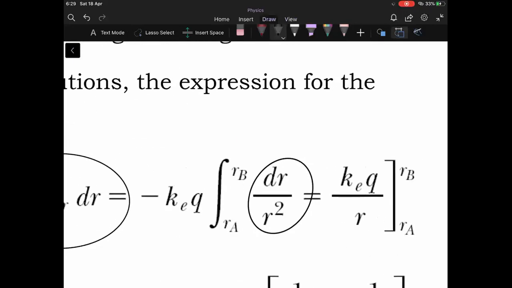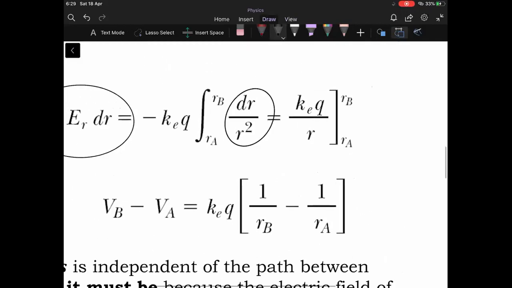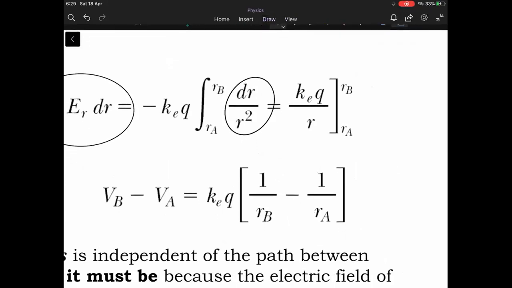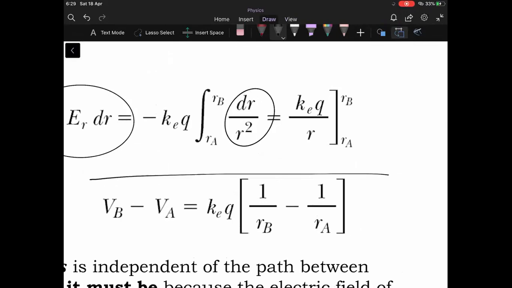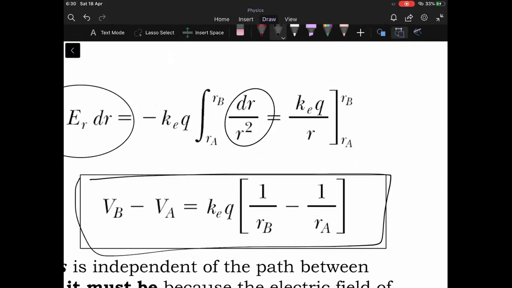ठीक है, जब आप इसको इंटीग्रेट करोगे तो आपको क्या मिलेगा, this minus sign will go vanish and you will be left with kq by r. Okay, you substitute the lower and upper limits. Now this is what the expression is. This is the expression for potential difference across two points.